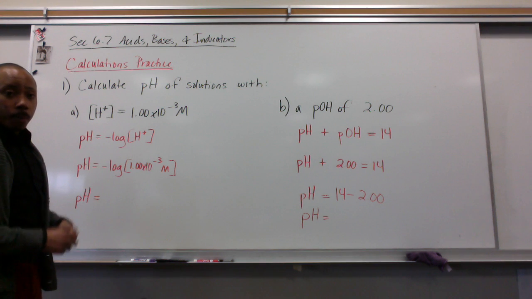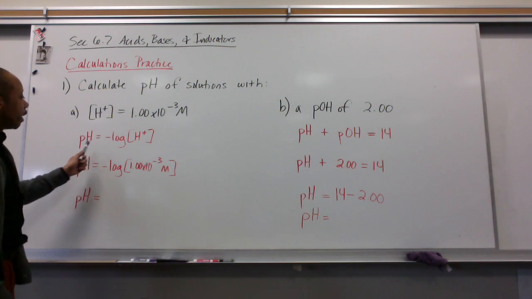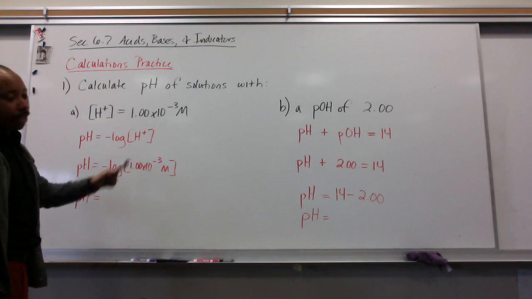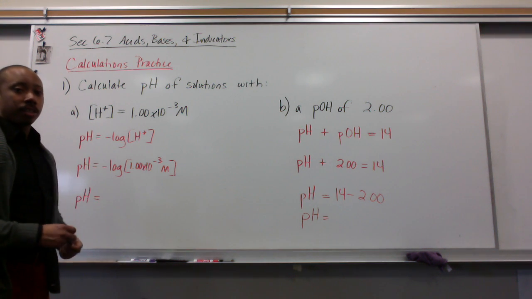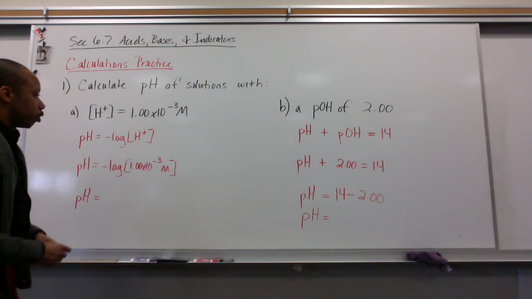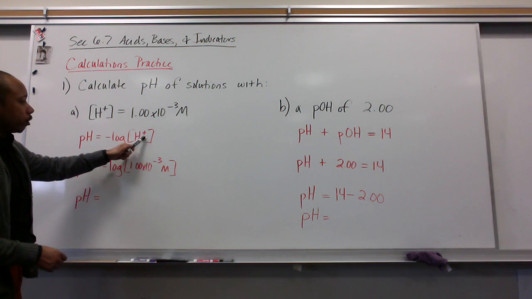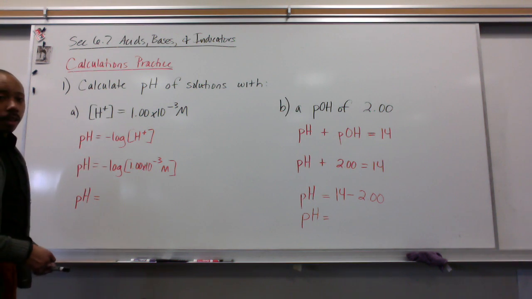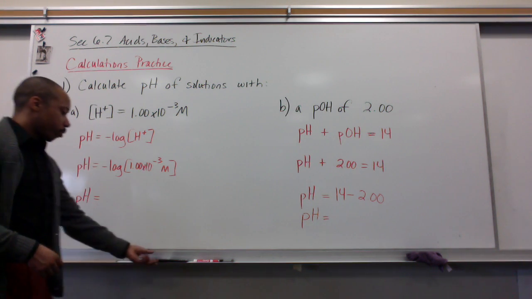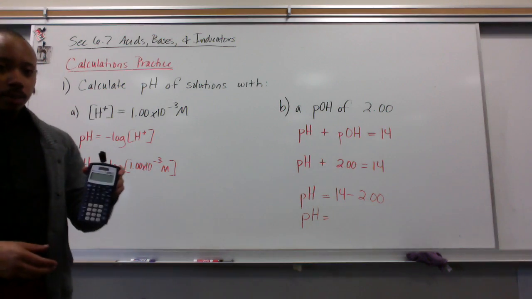To do this, we use the basic pH equation, which is pH is equal to the negative log of the hydrogen concentration. So I plug in my value for hydrogen concentration here, which is 1 times 10 to the negative third molar, and I plug this into my calculator. On the calculator, we have different buttons.